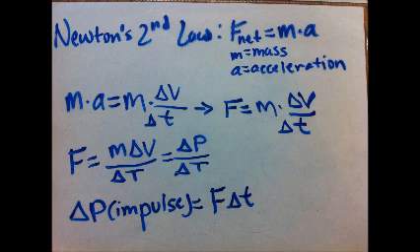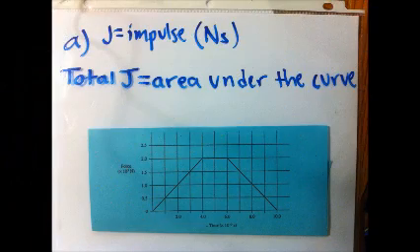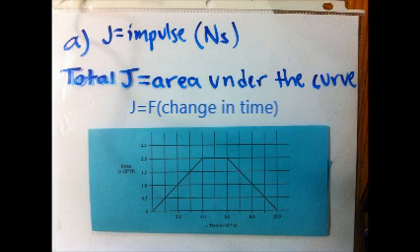And that is why on the graph we can find the total impulse by finding the area, because when you find the area you multiply the base times the height. With time being the base and force being the height, if we find the area under the curve, we'll be finding the total impulse of the ball.